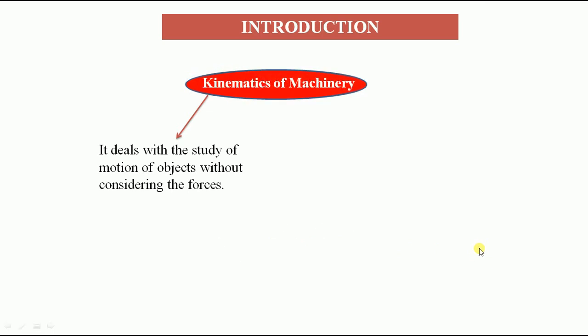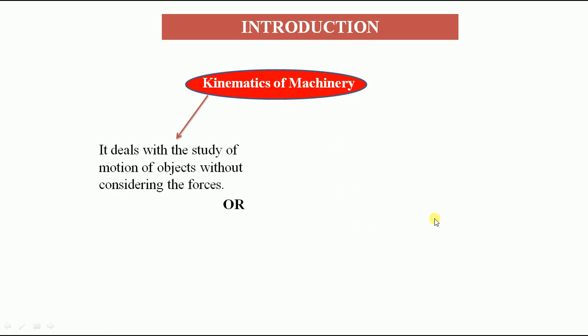But what do you mean by kinematics of machinery? We have already defined the word kinematics, and we are going to discuss kinematics of machinery. How can we define it? The same thing, we will modify the definition related to the machine.